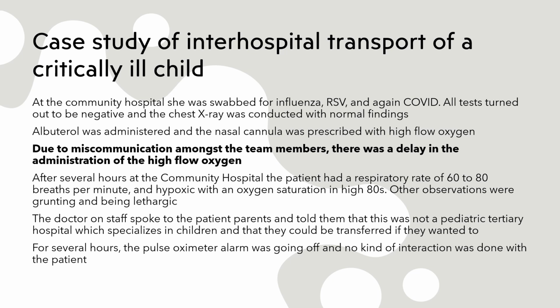All of the tests turned out to be negative, and they did a chest x-ray. The chest x-ray had normal findings. So at this point, albuterol was administered and a nasal cannula prescribed with high flow oxygen. For some reason, due to miscommunication amongst the team members, there was a delay in the administration of high flow oxygen. So the patient got the albuterol but never got the high flow oxygen.